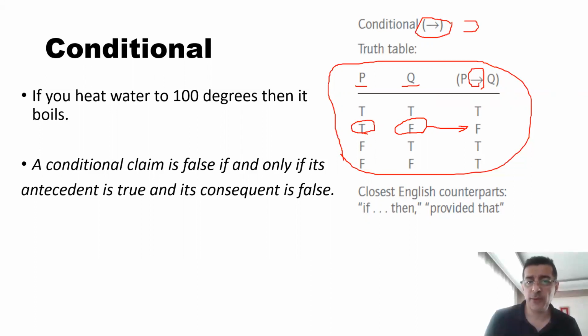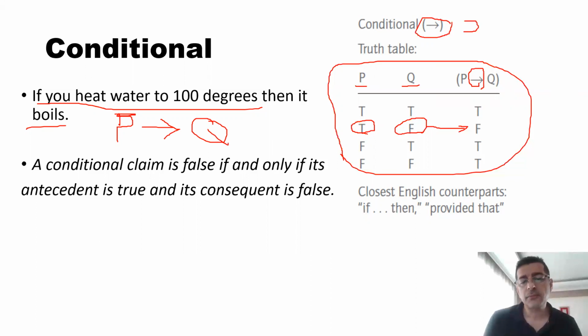So let me just say here P represents heating, and Q is boils. I'm using P and Q because I don't want to confuse you with some more letters. So here we have P, and then here we have Q, boils.